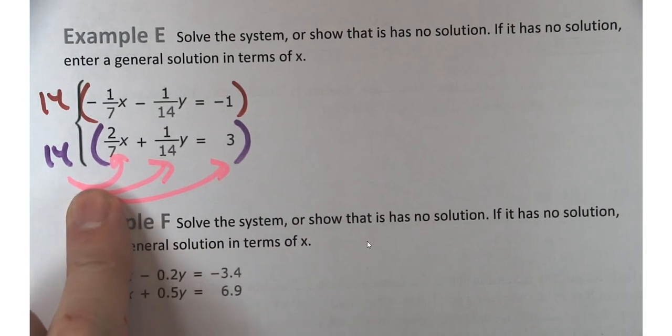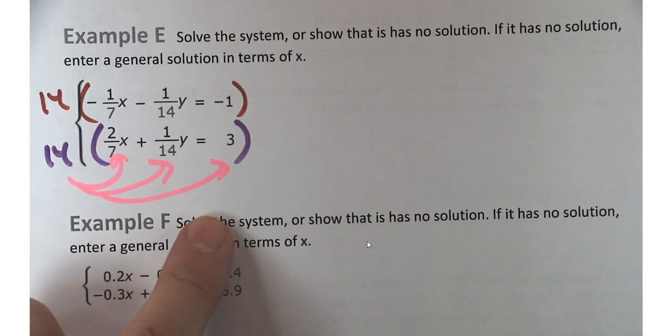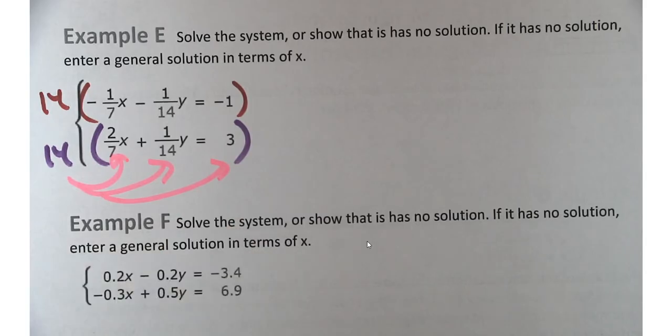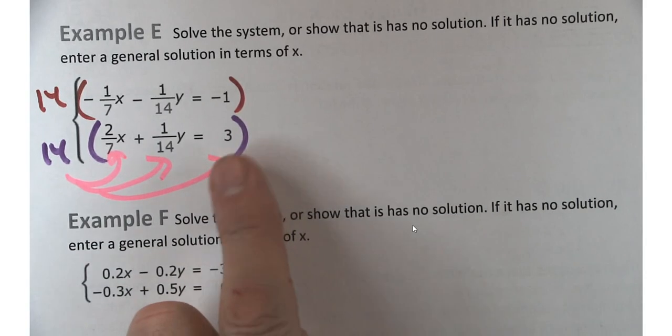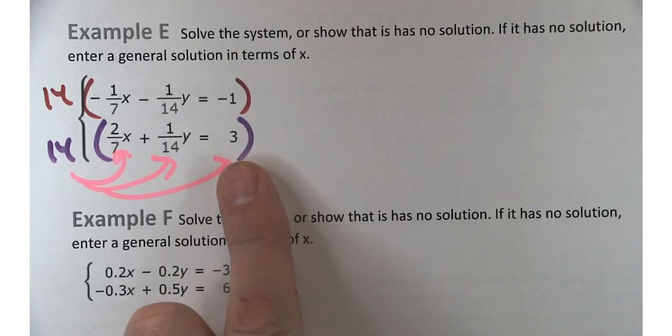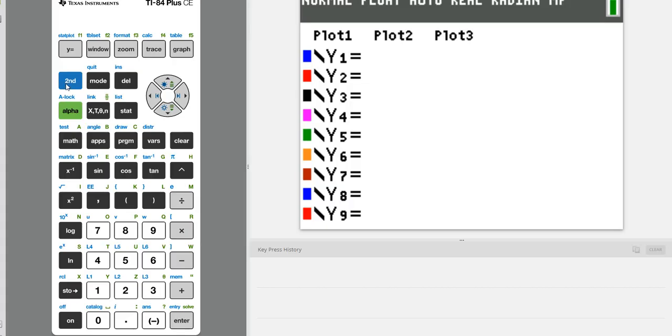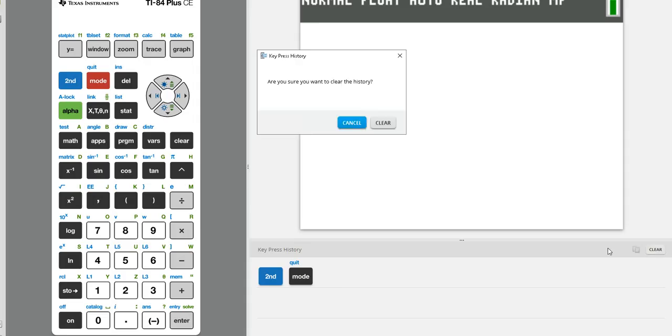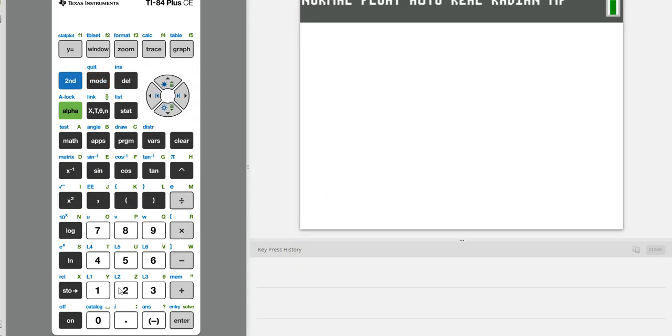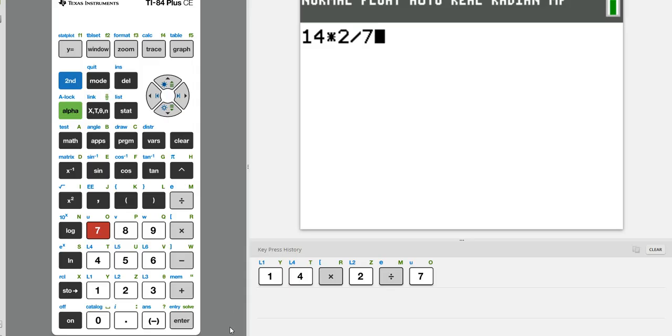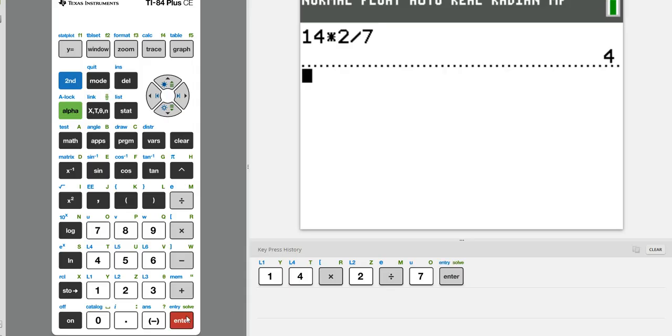But that 14 has to distribute itself to all three parts of this equation, including the 3, even though there's no fraction there. So let's just take 14 times 2 divided by 7. If you don't feel like doing this in your head, that's fine. Just do it on your calculator and get the right answer. I don't want to see you get these problems wrong because you made an arithmetic error.